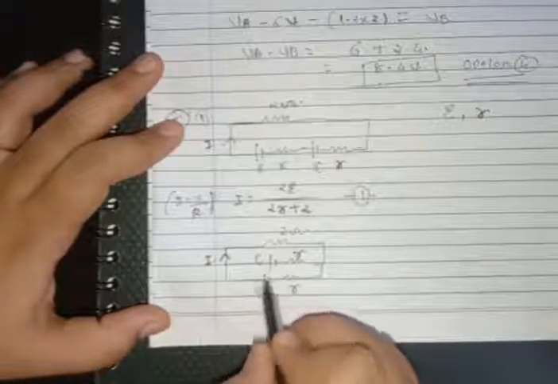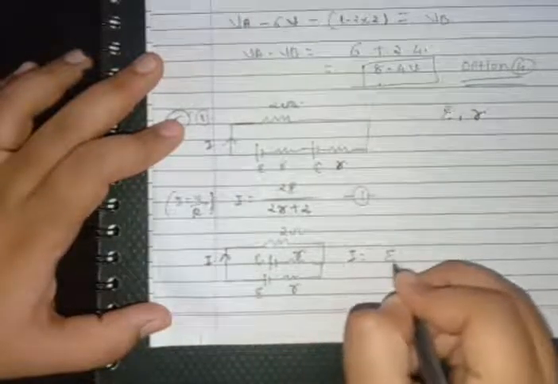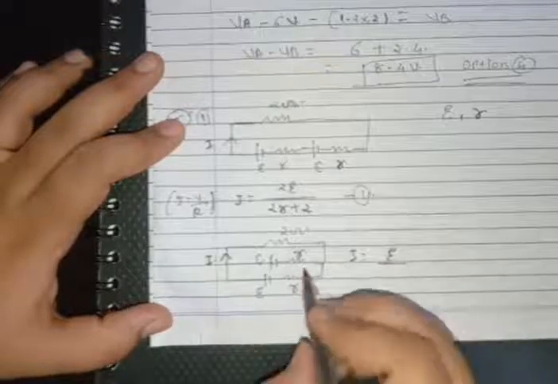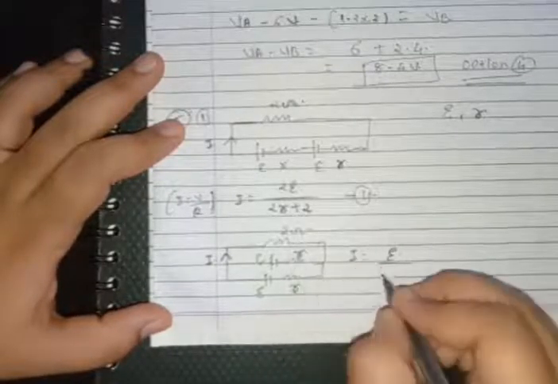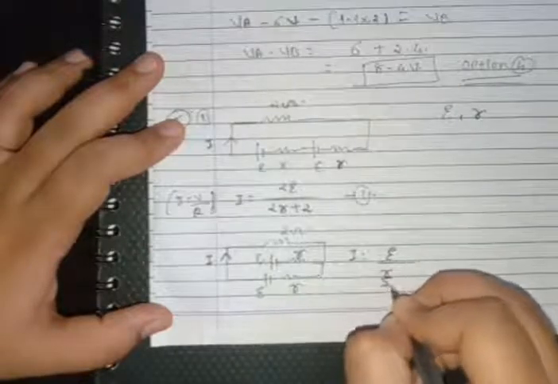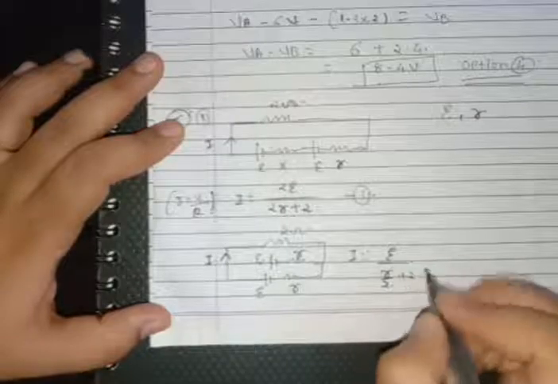They both have the same value, so the net EMF will be E only. The equivalent resistance of the cells will be r by 2, as r and r are in parallel, and they will be in series with this 2 ohm, so r by 2 plus 2. This is the net resistance.